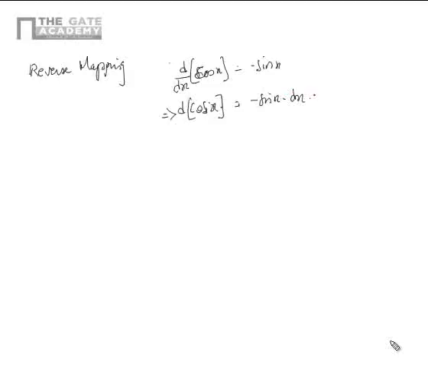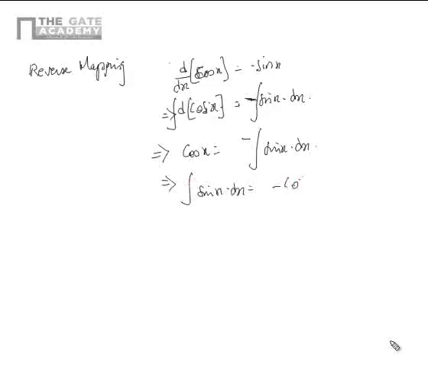So integration of minus sin x dx is cos x, that is, cos x is equal to minus integral sin x dx, which implies integral sin x dx is minus cos x. This is one important result.